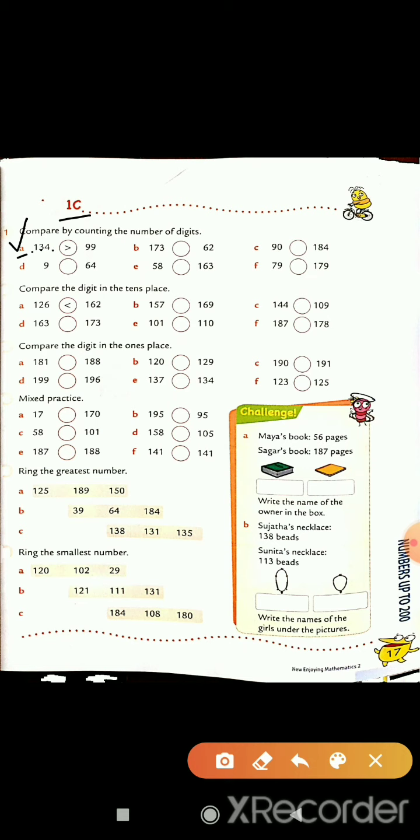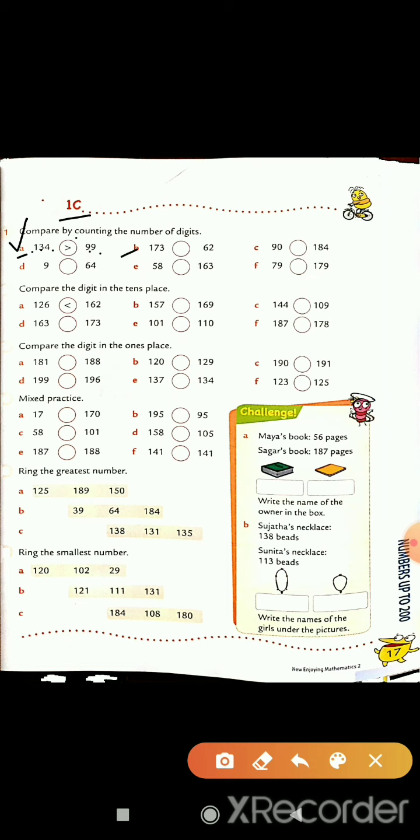How many digits? 3 digits. And 99 is having 1, 2. How many digits? 2 digits. So 3 digit number is always greater than 2 digit number. So 134 is greater than 99 or 99 is smaller than 134.